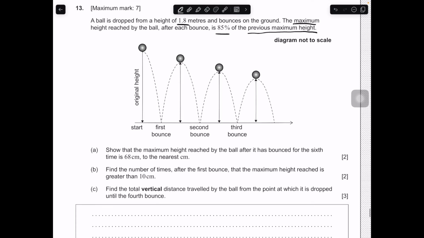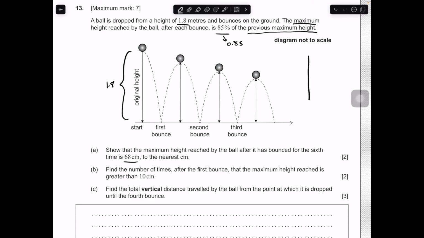Show that the maximum height reached by the ball after it has bounced for the 6th time is 68 centimeters to the nearest centimeter. Okay, so we have the ball. It's being dropped from an initial height of 1.8 meters, and then each time afterwards it only rises to 0.85, or 85%, of its previous height.